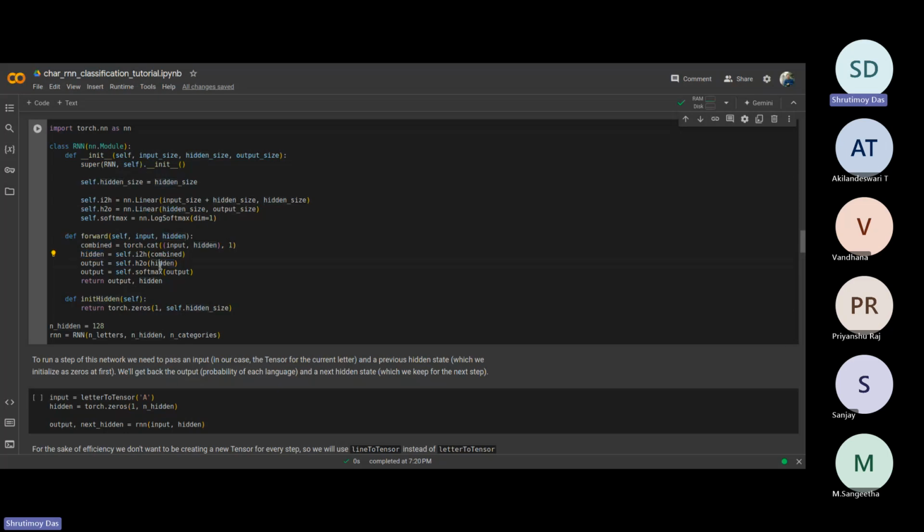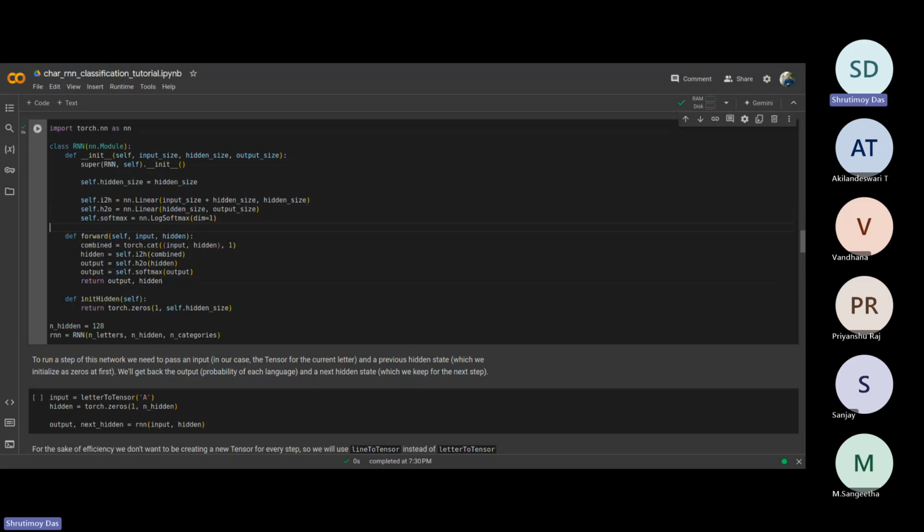Similarly, this hidden variable passes through a linear layer and gives an output of output size. Now you do a softmax of this and return the output and the hidden. The number of neurons in the hidden layer I set is 128. And this is how you define a simple neural network.